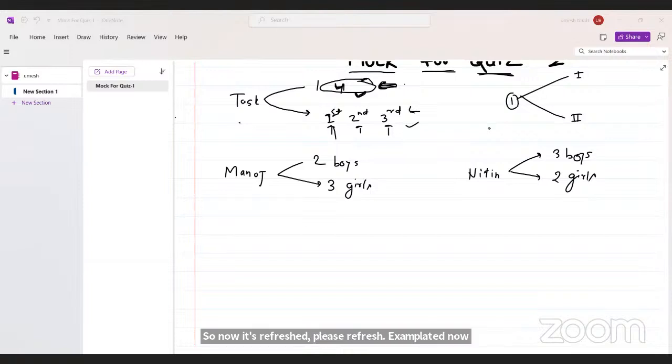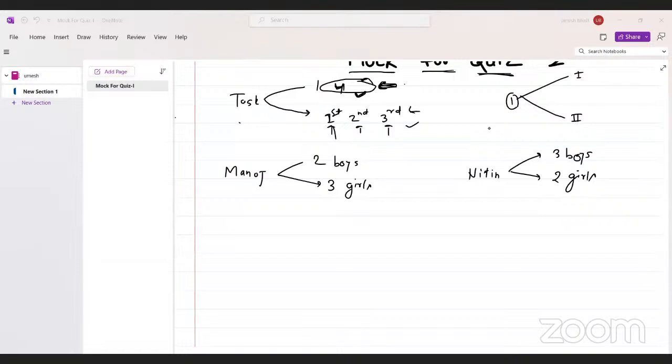Okay, we will do it in the slide only. No problem.